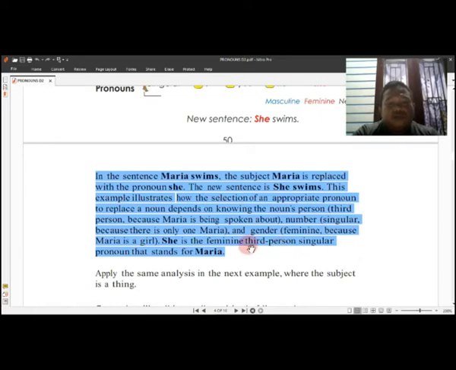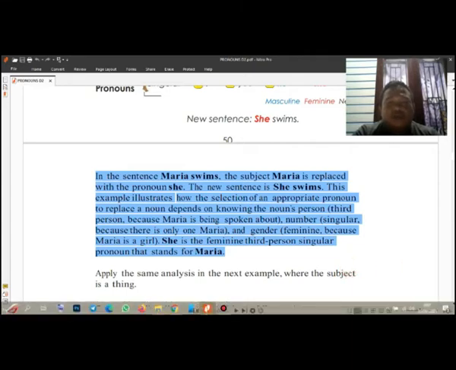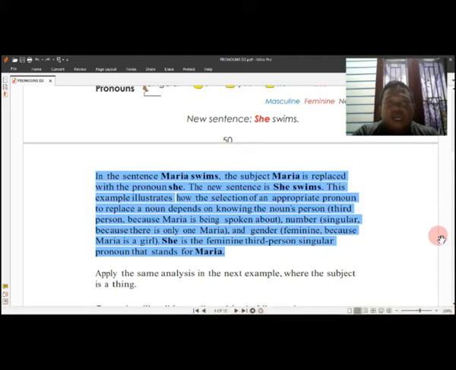This is all so simple. The explanation also explains how gender affects which subject pronoun is used in the sentence. When we talk about Maria, we already know that the person must be feminine and not masculine, so it is obvious that we use the subject pronoun she.